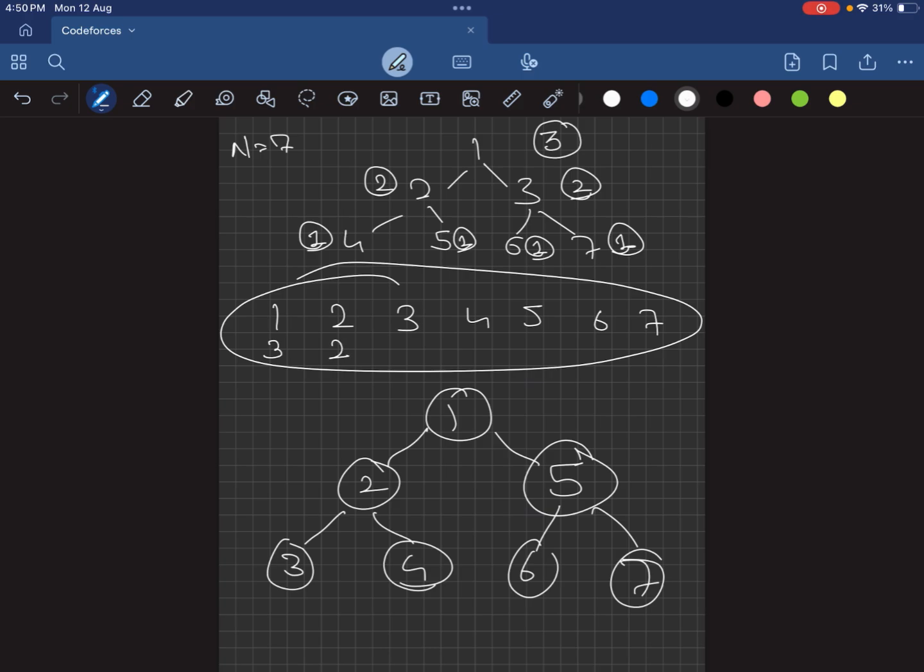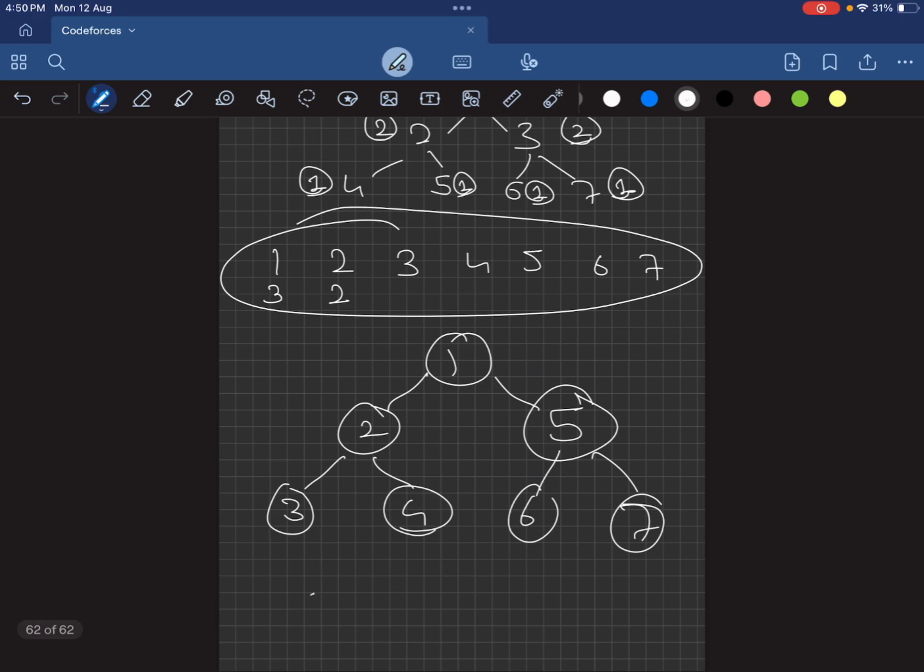The other child of I, if the depth of I is not equal to 1, then the children of I will be I plus 1 and I plus 2 raised to the depth of I minus 1.